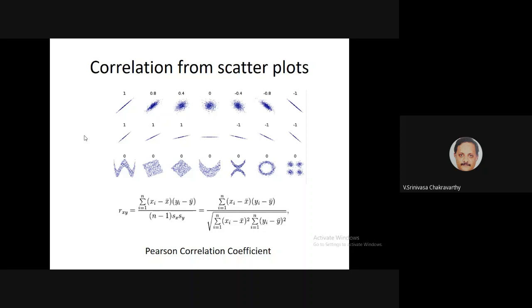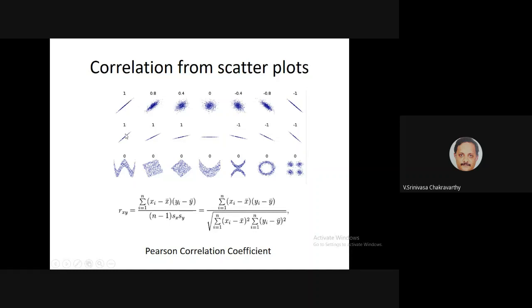Now, if you see the graphical examples in the upper part of the slide, take the first column. This is just to show that it will only capture linear correlation features, but not higher order correlation. Look at the first column: both x and y are almost linearly related, and correlation is 1.